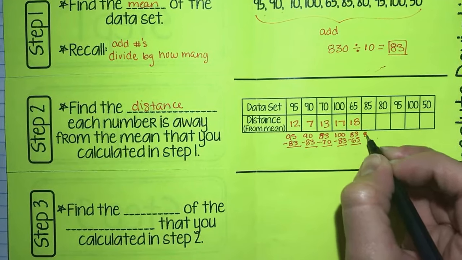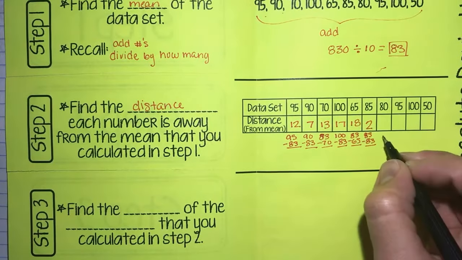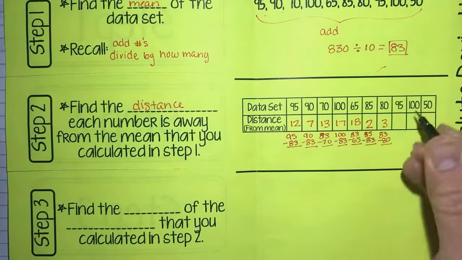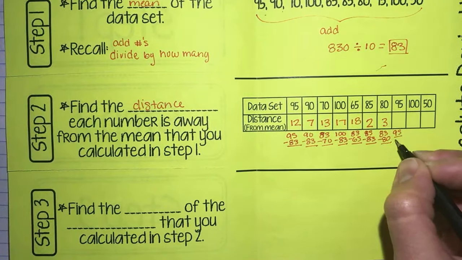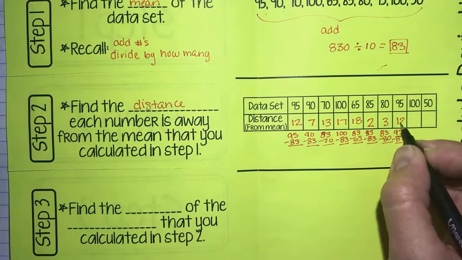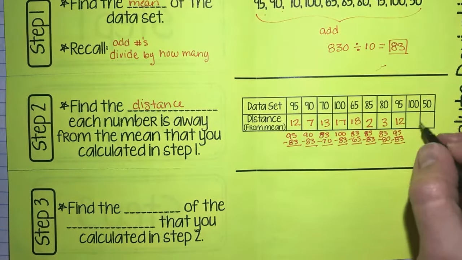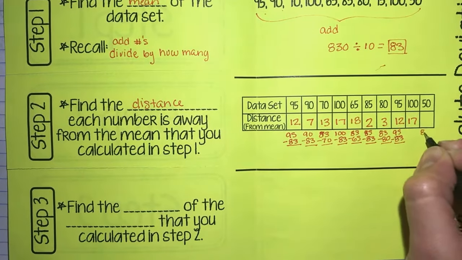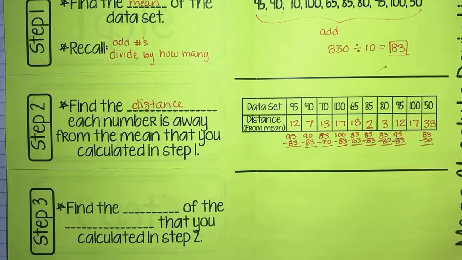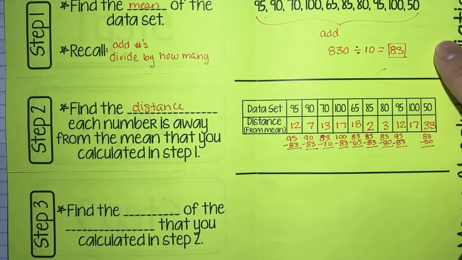So 85 minus 83, that's 2. 83 minus 80, that's 3. 95 minus 83, that's 12. Some of these you already did, so 100, that's 17. And this one, 83 minus 50, 33. So again, to recap, step 1, find that mean or average.